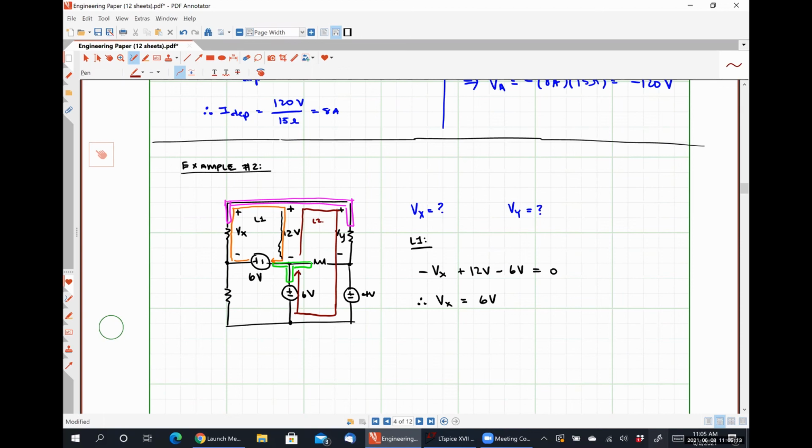If I follow this loop, is there any unknown voltage other than Vy? No. All right, I agree with that statement.